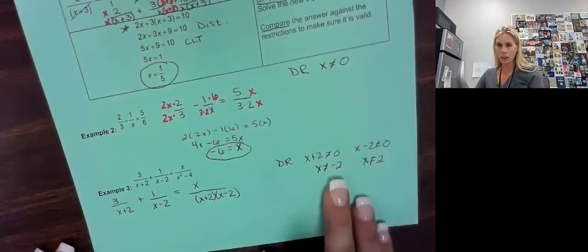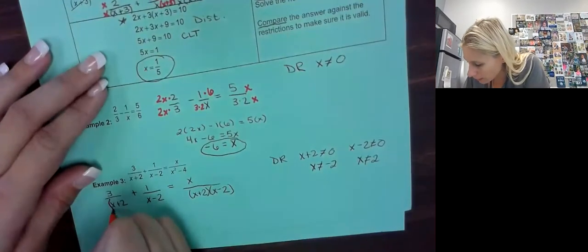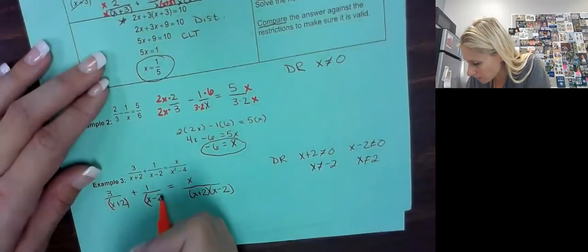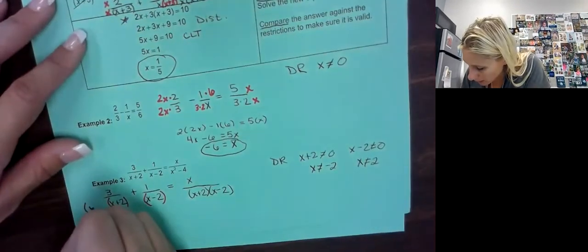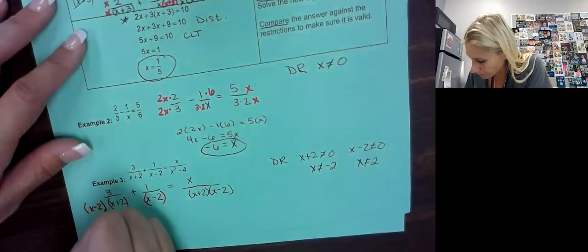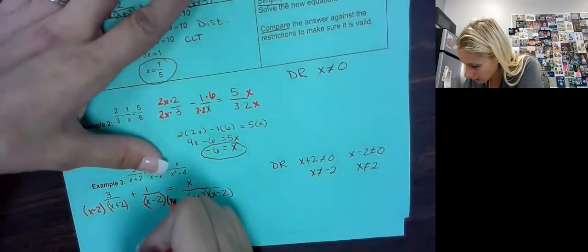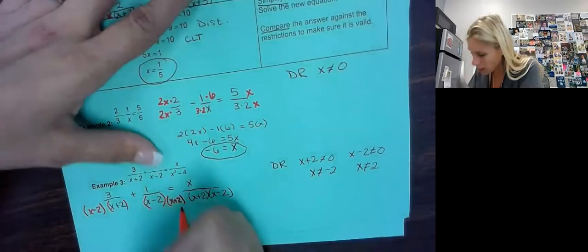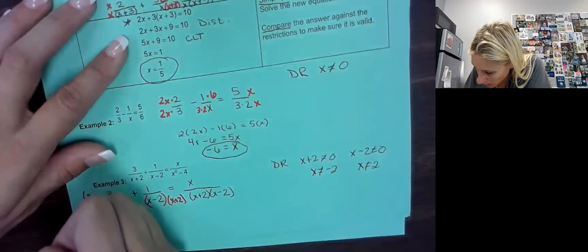All right, domain restrictions are done. Next is common denominator. So let me group these together so I don't get confused. So the first one is missing this x minus 2. The second one is missing x plus 2. But whatever I do to the bottom, I must do to the top.